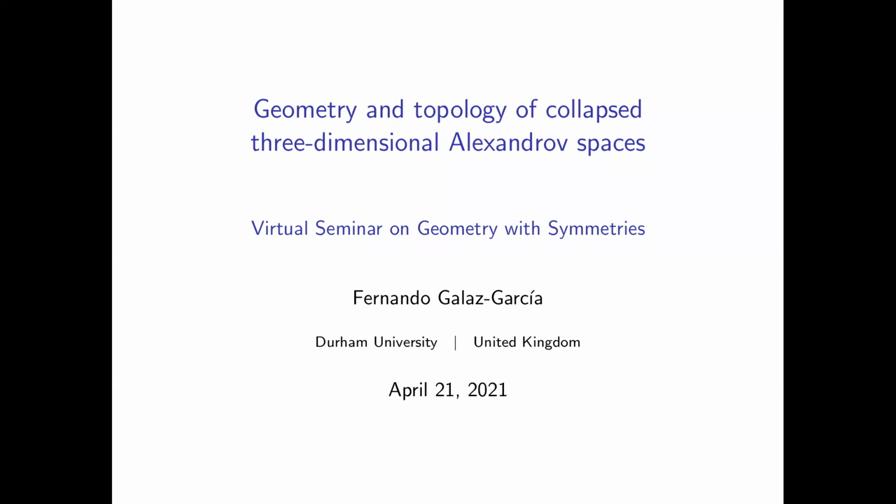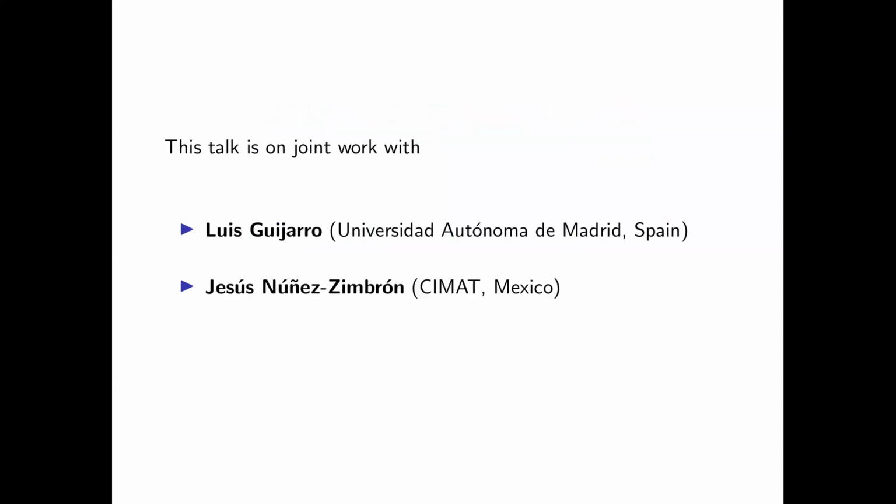First of all, I want to mention that this talk is on joint work that I've done with Luis Guijarro, who is at Universidad Autónoma de Madrid in Spain, and with Jesús Núñez-Zimbrón, who is now at CIMAT in Mexico. This started originally with a project with Luis Guijarro, where we wanted to understand the topology of Alexandrov spaces in dimension 3.